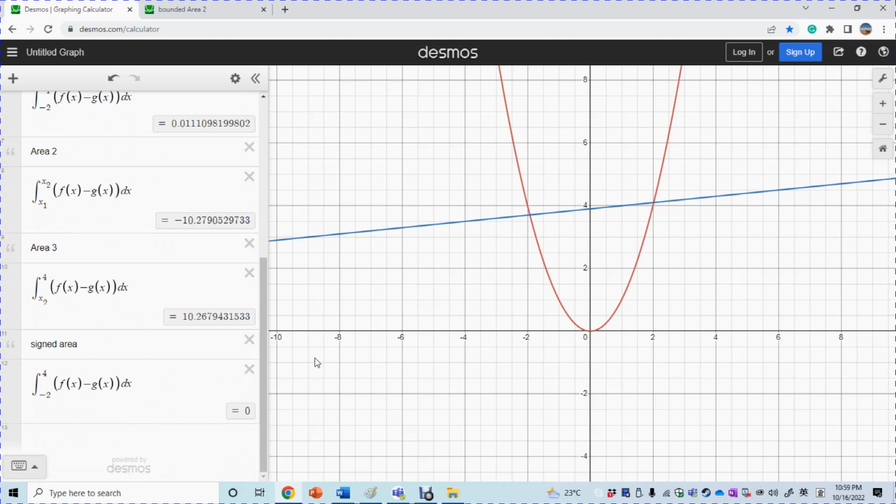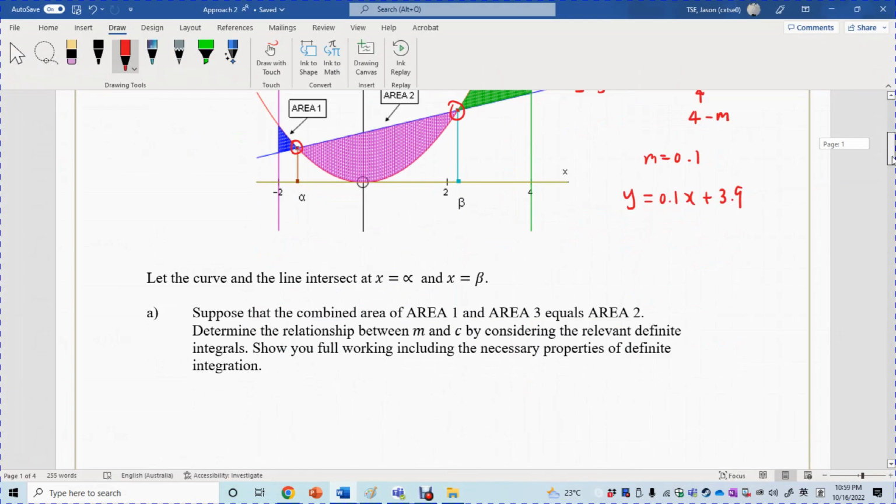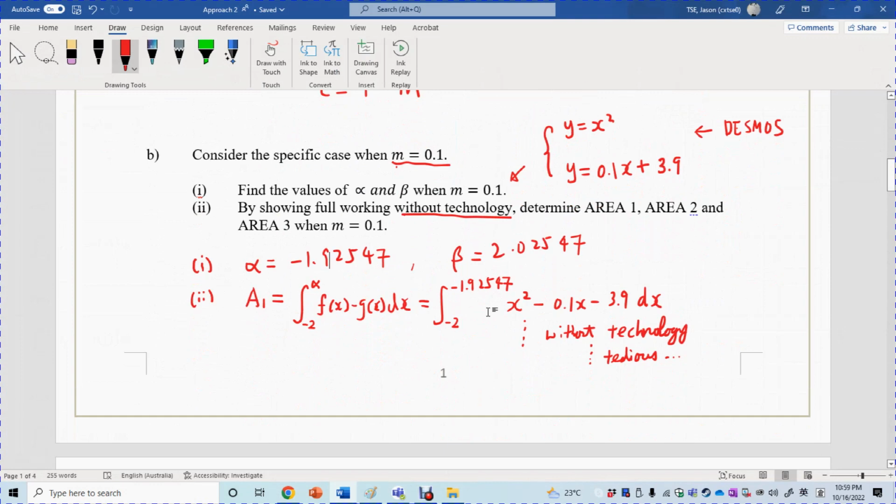You can calculate the area in Desmos first. Then when you go back to your manual work, you already know the answer, so you just work through it really carefully and you will get the answer. So that's part 2 of our video.